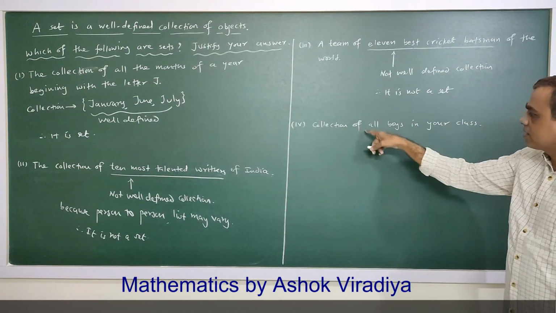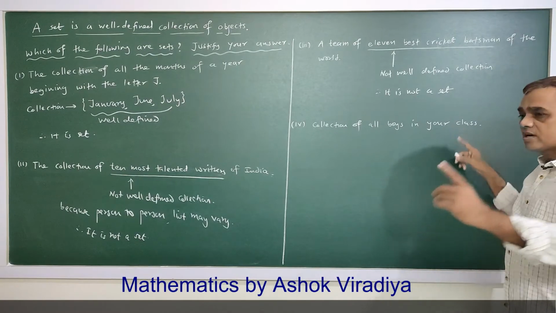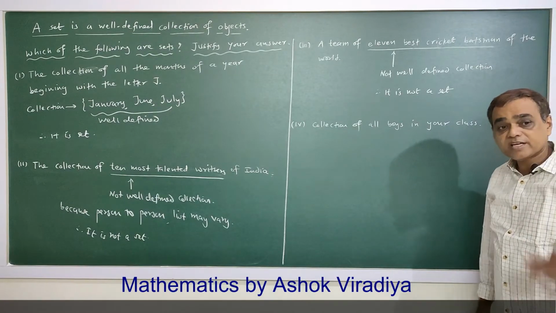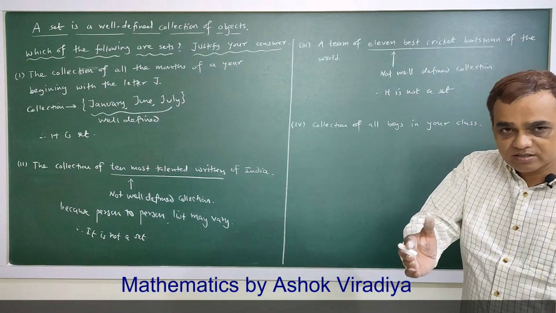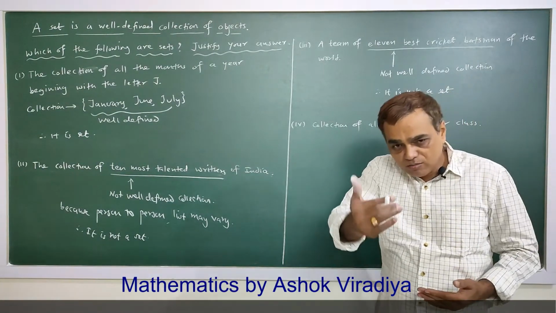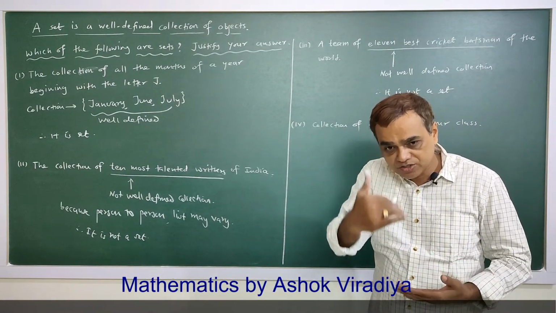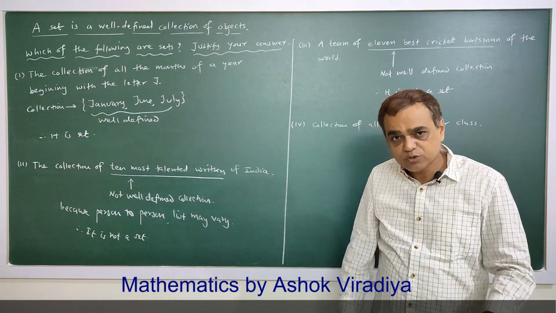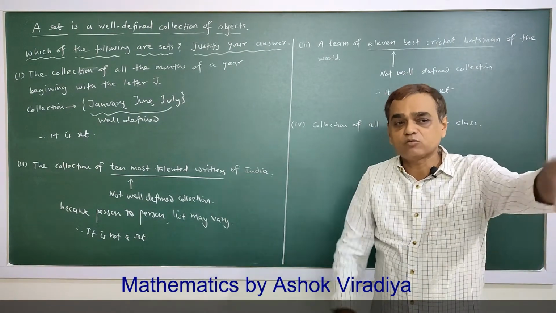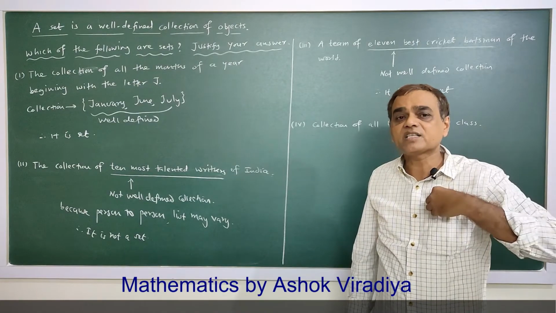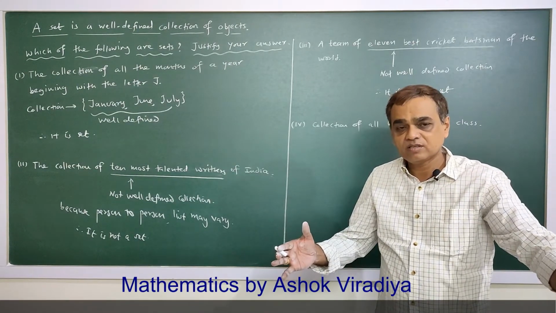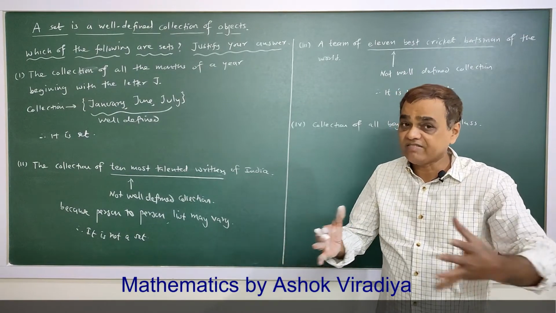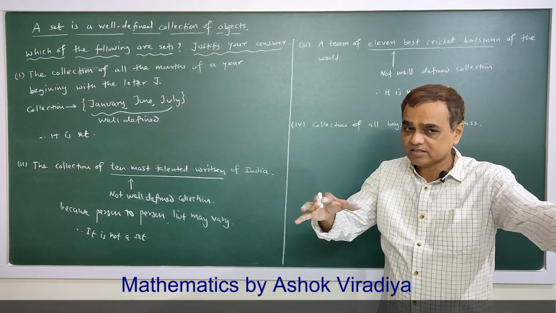Next example is the collection of all boys in your class. If you prepare a list of all boys, the names of all boys on a paper, suppose there are 25 boys in this classroom, and I ask anyone to prepare a list of all boys, then see, 25 boys are fixed in your class.